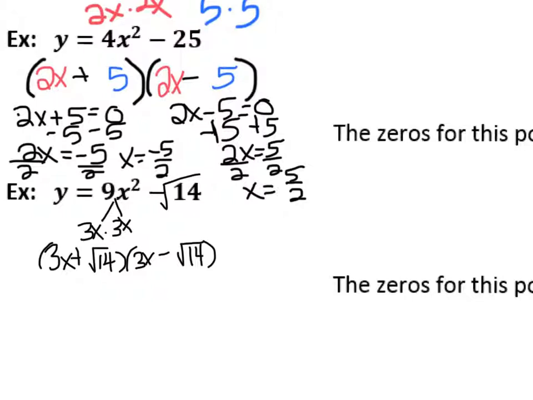So now we set each parenthesis equal to 0. So 3x plus the square root of 14 equals 0. And 3x minus the square root of 14 equals 0. Well, in the first one, we would subtract the square root of 14.